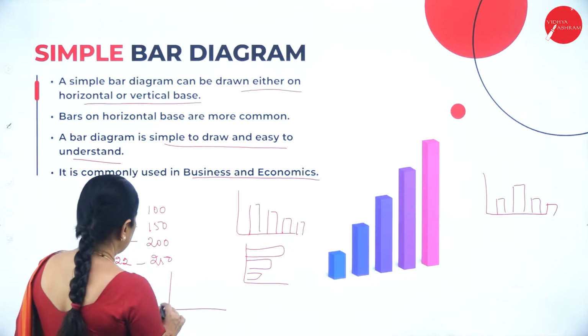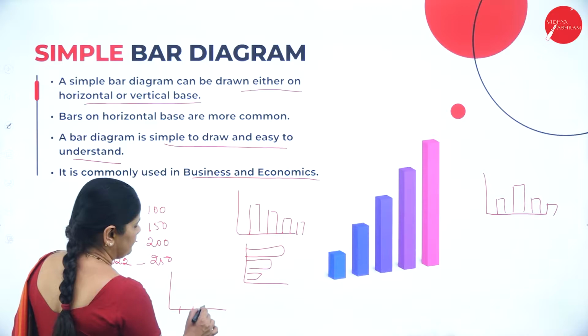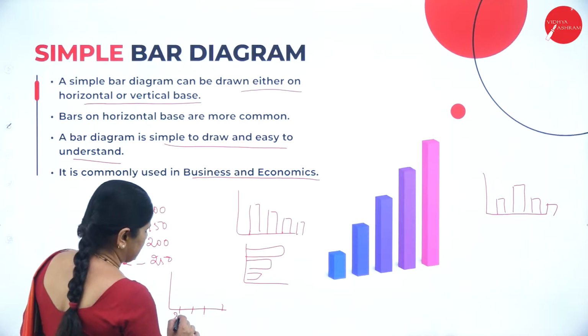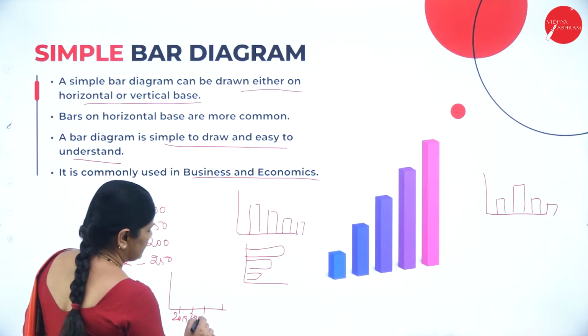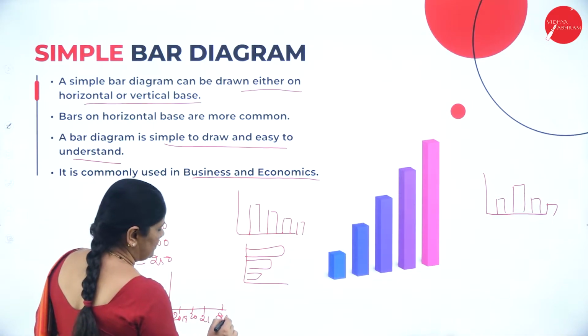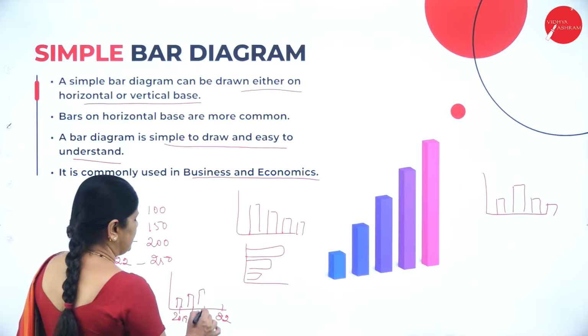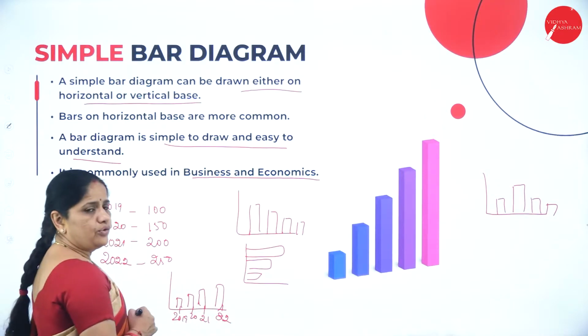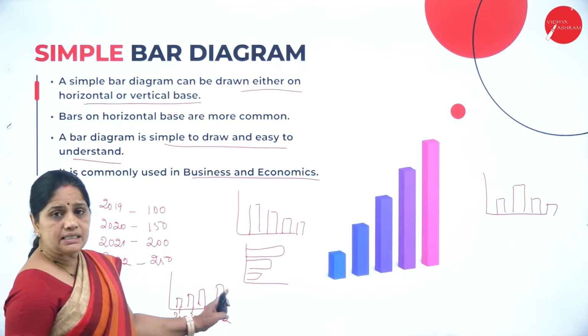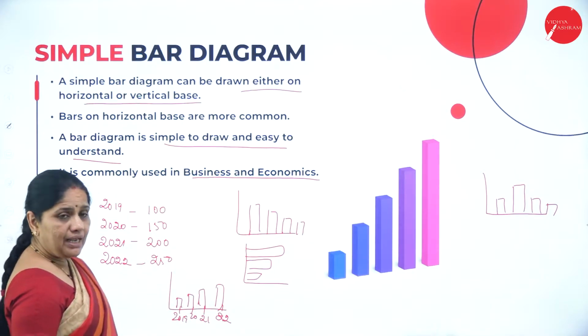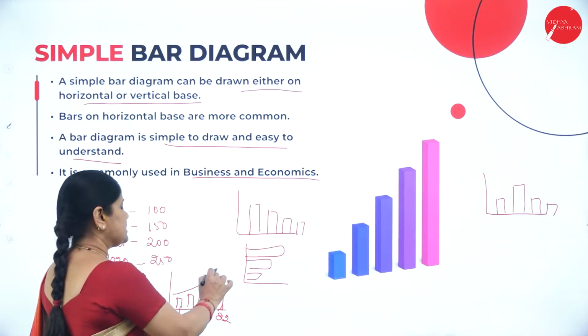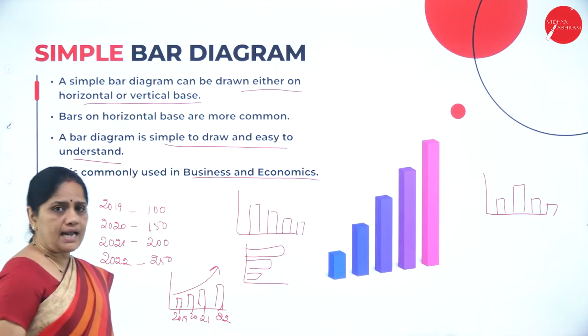I can say that each of these bars represents the year 2019, 20, 21, 22. Then 100, 150, 200, 250. When I see the picture itself, I will be able to know that the sales of this firm are rising.